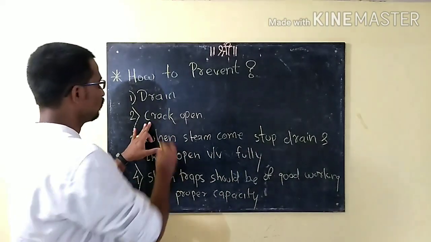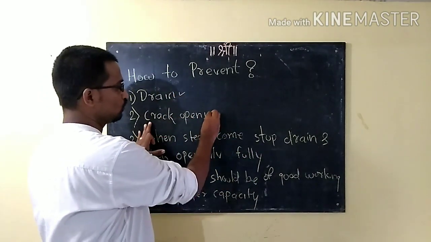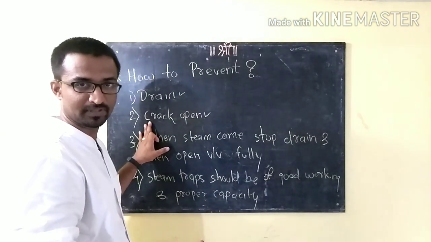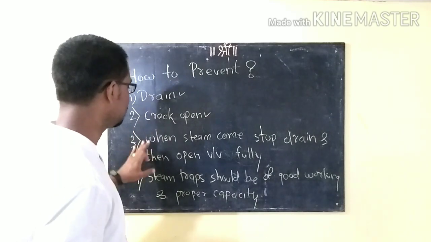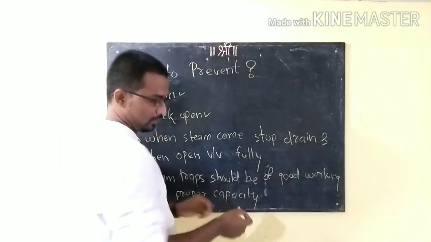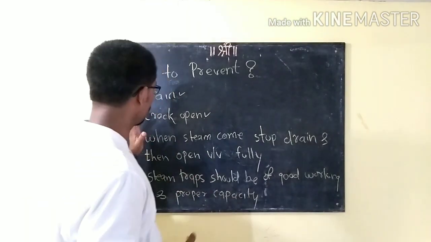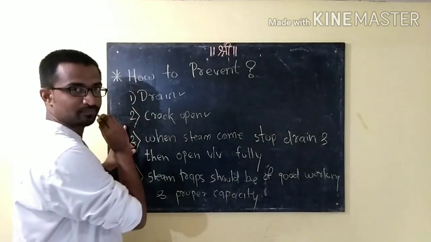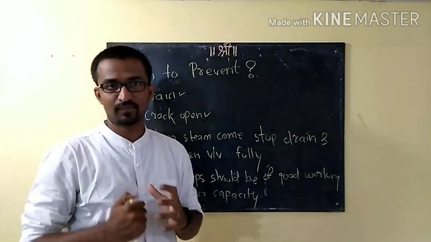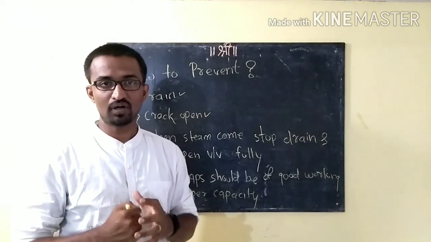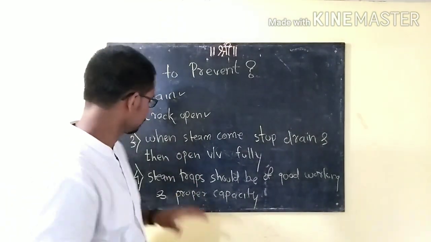And once the drain is open, water is drained, and you open the valve cracked for some time, and the line gets preheated or warmed up. Then from the drain, if the steam is coming now, you stop the drain. Then slowly you open the main steam stopper. So these steps are very important to prevent the water hammer.